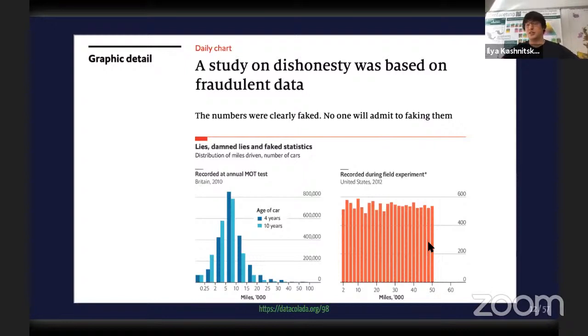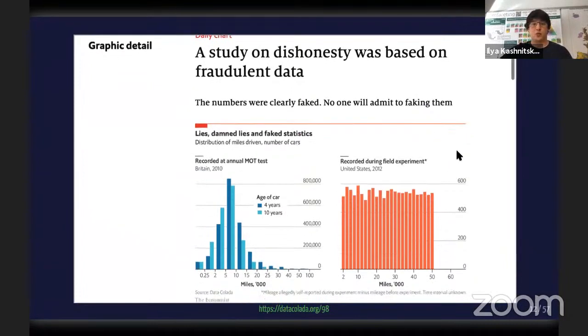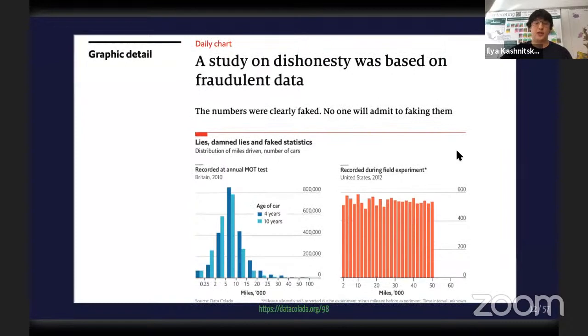His name is Daniel Ariely, and researchers found out that one of his most famous papers relies upon a data set that is clearly fabricated and fake.